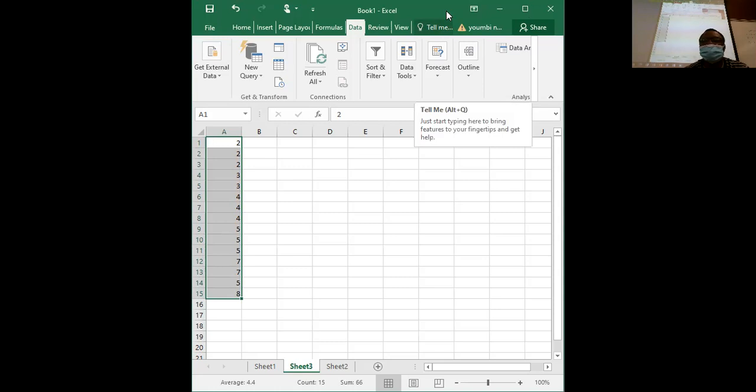Click there and just write box, try to write box and whisker or box plot. And then you will see a box plot coming up.